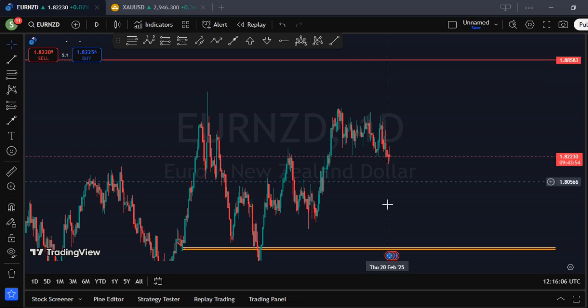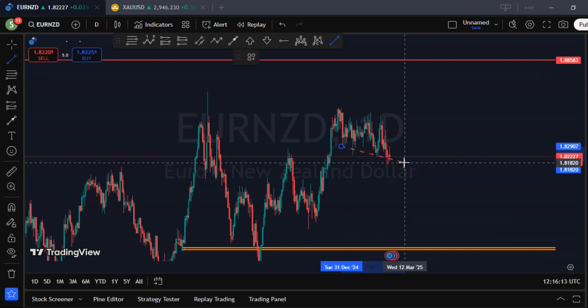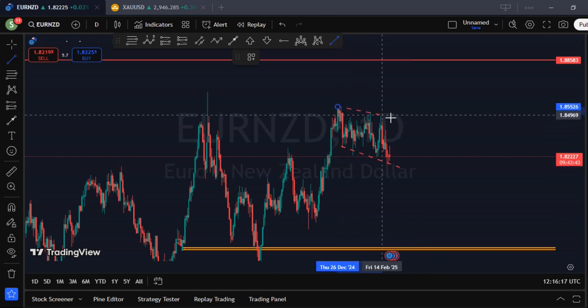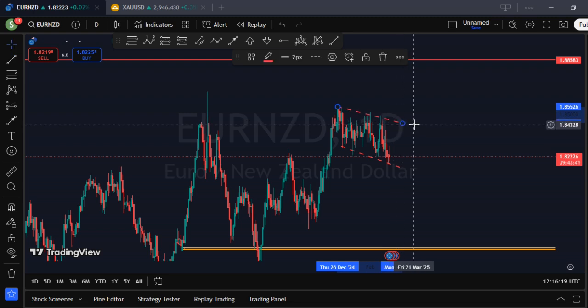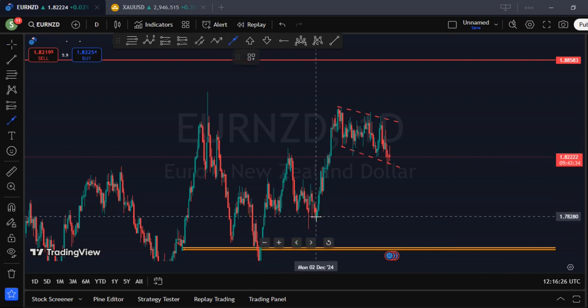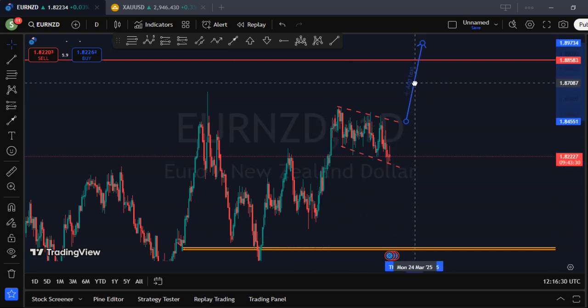I already see a continuation pattern. There is my continuation pattern. Then I use leg A and leg B to mark my take profit. As you can see, I use leg A and leg B to mark my take profit.